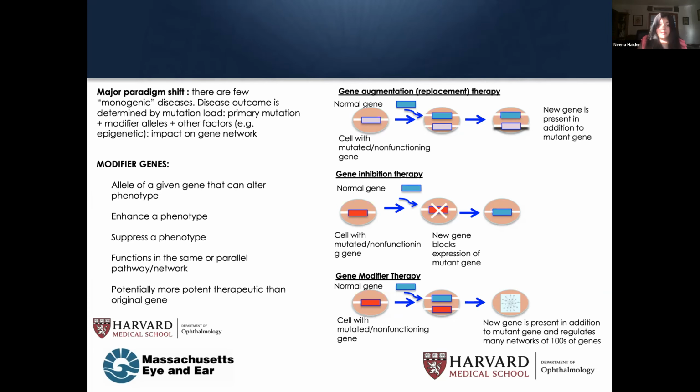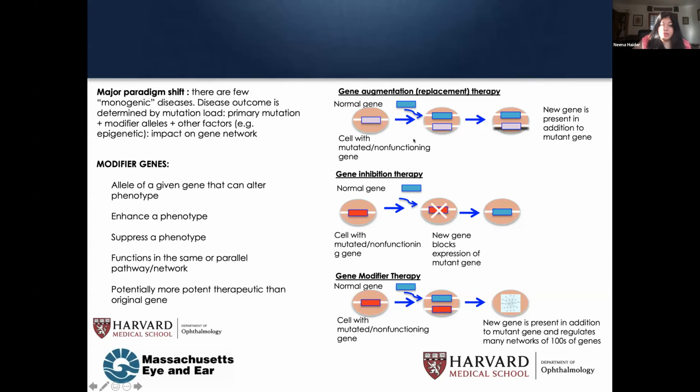There are very few monogenic diseases where it's a direct correlation of a mutation resulting 100% of the time into a particular phenotype. Instead, what we've learned over the last decade is that disease outcome is determined by mutational load. And that mutational load is the primary mutation as well as modifier alleles or other factors such as epigenetic factors that have an impact on an entire gene network.